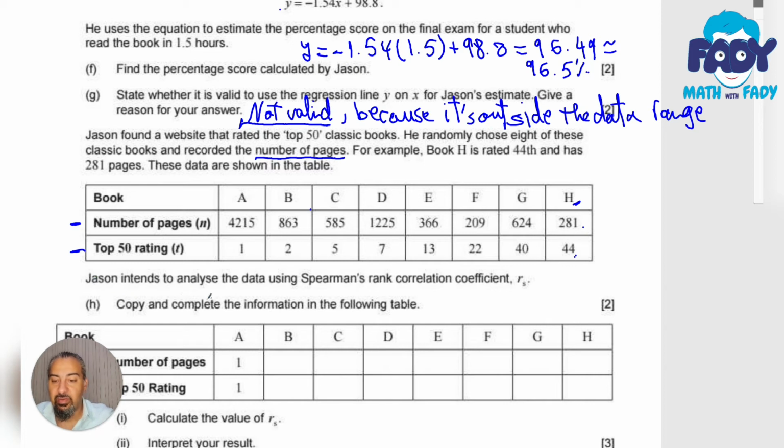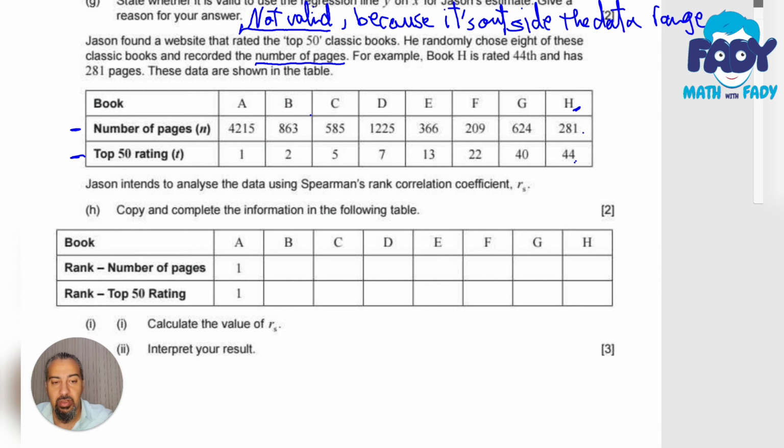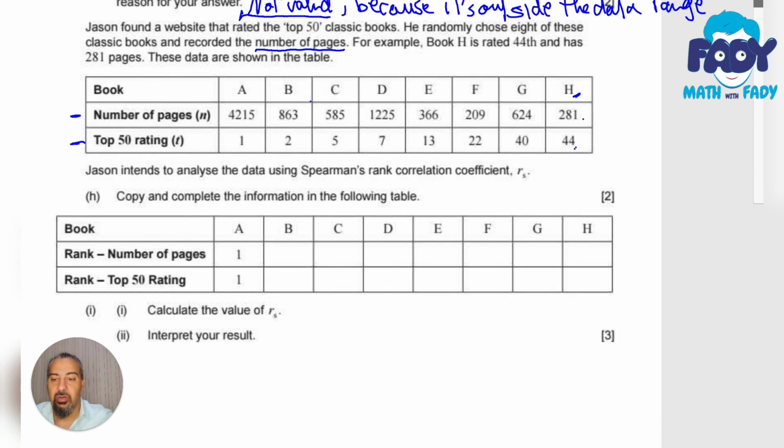Jason intended to analyze the data using Spearman's rank correlation coefficient r. Copy and complete the information in the following table. So here we need to organize these values.